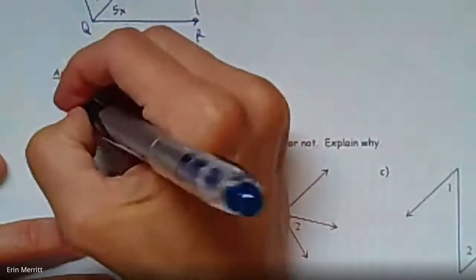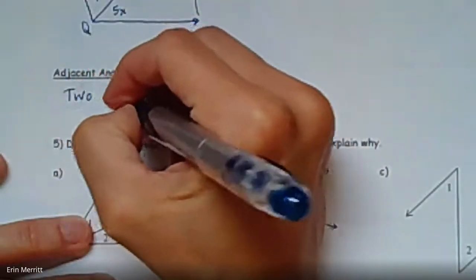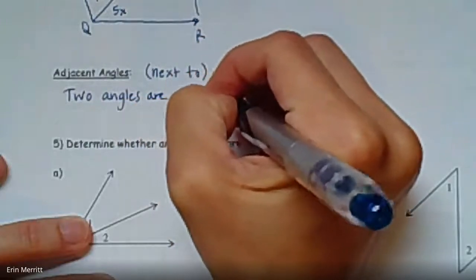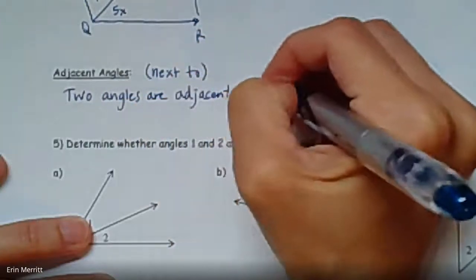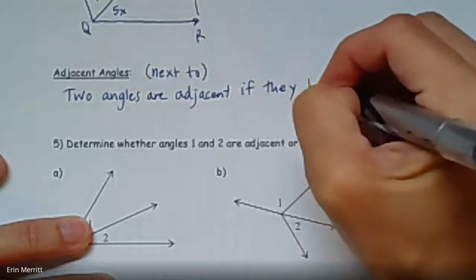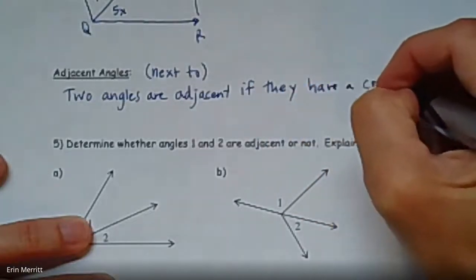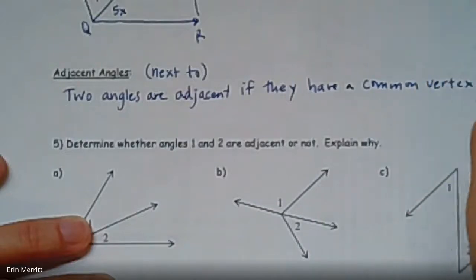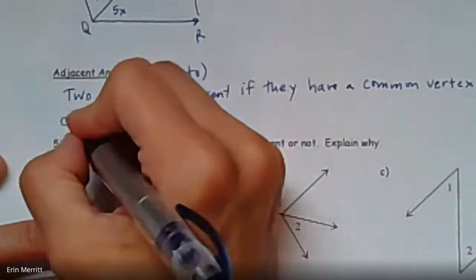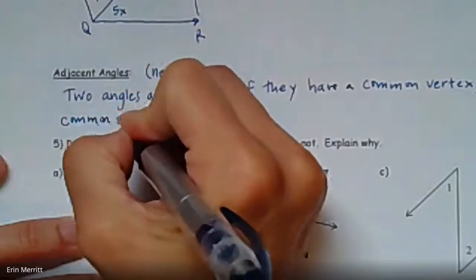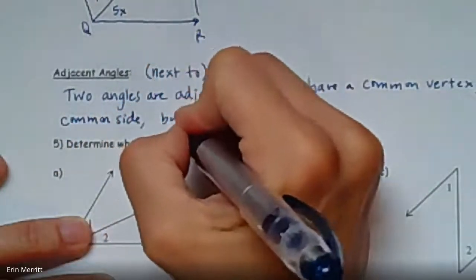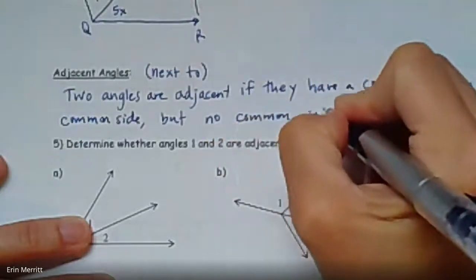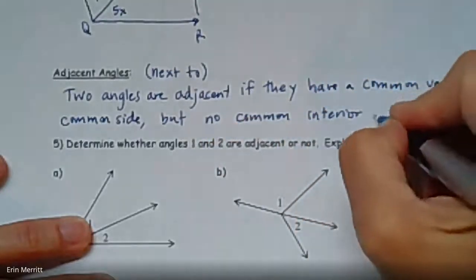We can say two angles are adjacent if they have a common vertex, a common side, but no common interior points.